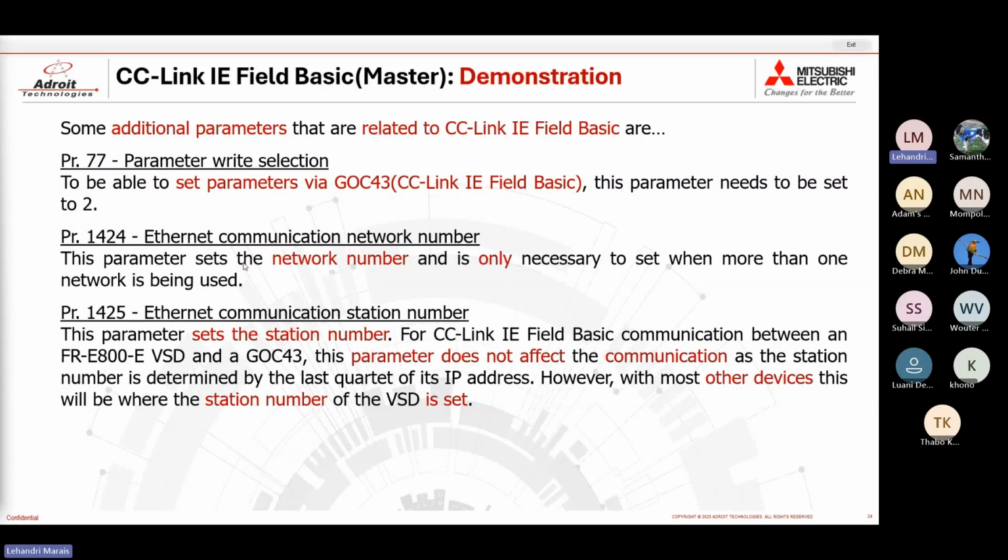Now, this is a bit of a unique case because for the GOC43, we know that the station number is the last digits of your IP address. So the station number actually doesn't apply for the GOC43, but in any other scenario where you are using another master station other than the GOC, you will most likely need to set this one up.